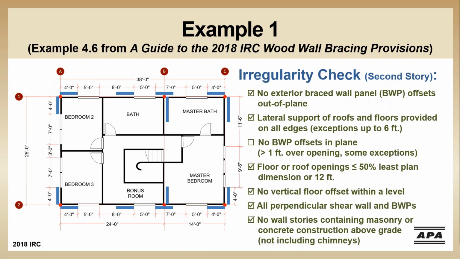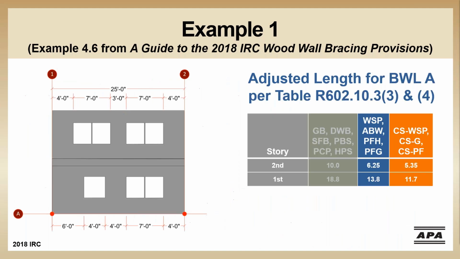Going back to our irregularity check, we do need to check how those braced wall panels stack up. So the available wall length at braced wall line A ruled out methods in the first column. Methods in the second column are going to look like this. And then methods in the third column would look like this.